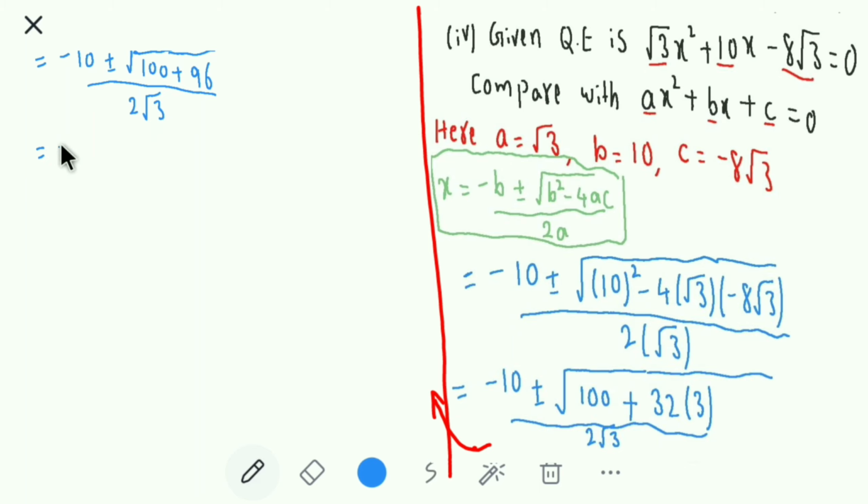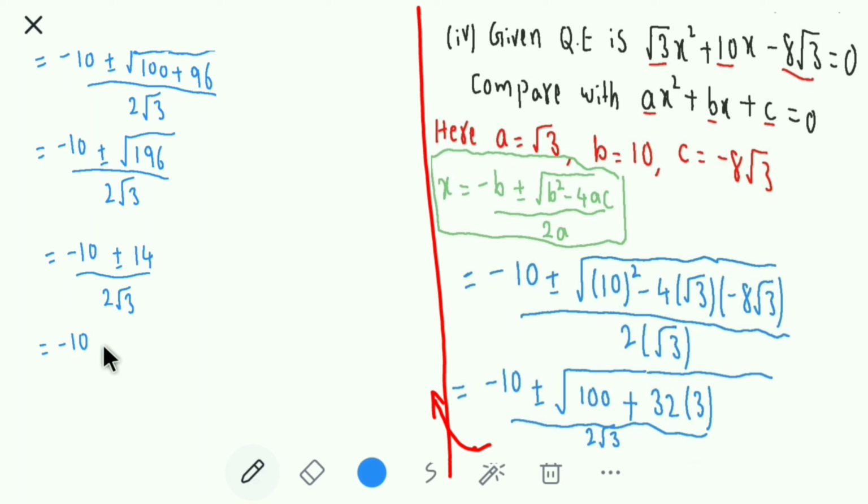It is equal to minus 10 plus or minus under root of 100 plus 96 is 196 divided by 2 root 3. So 196 is the perfect square of 14. Minus 10 plus or minus 14 divided by 2 root 3. So one time we have to take plus and one time we have to take minus.